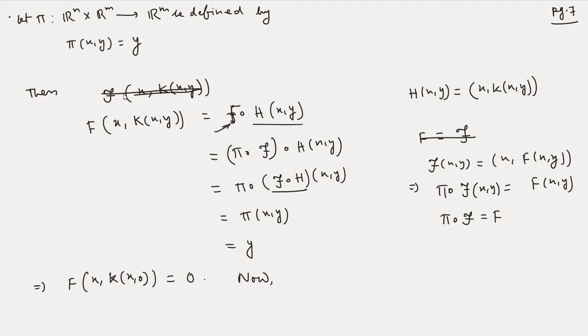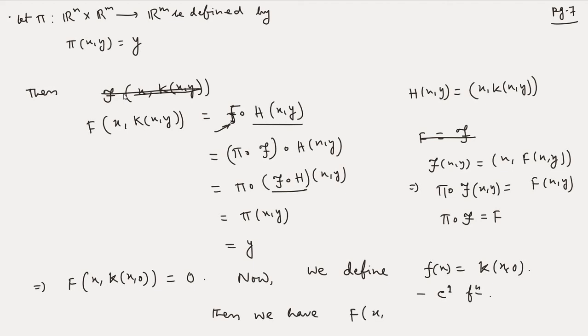Now we define small f of x equal to k_x(0). So this is a C1 function. Then we have capital F of (x, small f of x) equal to 0. Okay, so this completes the proof. So here we stop this lecture. Thank you very much.